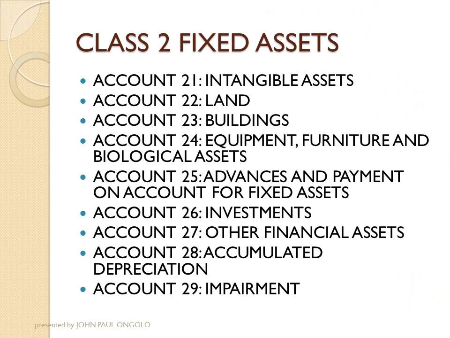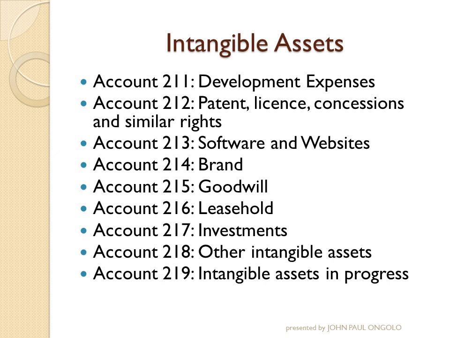The framework as a whole, class 2 intangible assets, and as we mentioned earlier, our focus now is on account 2.1 intangible assets. This is the breakdown of account 2.1 intangible assets, and this particular video presentation will stress account 2.1.2 patents, licenses, concessions, and similar rights.